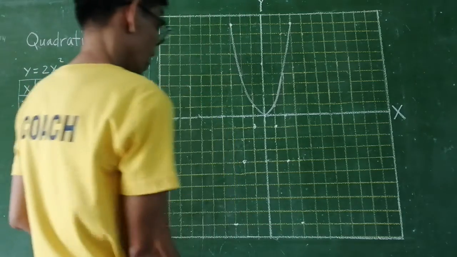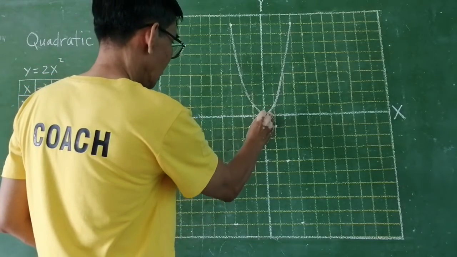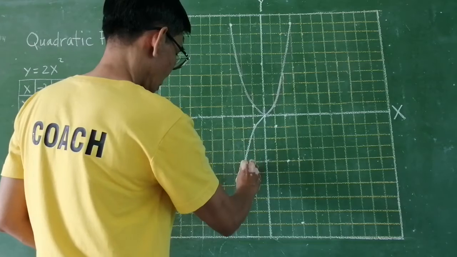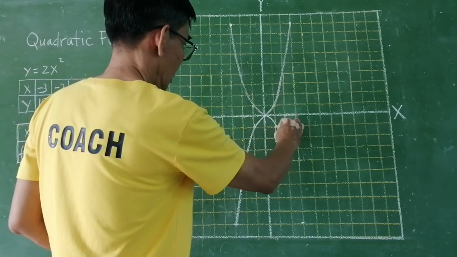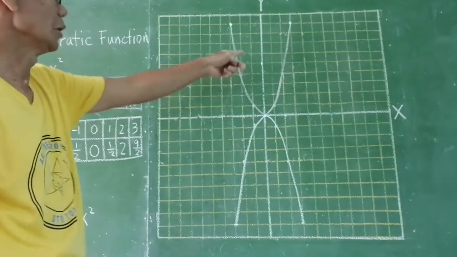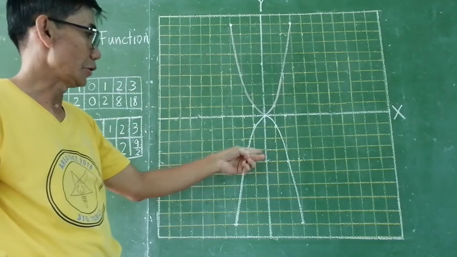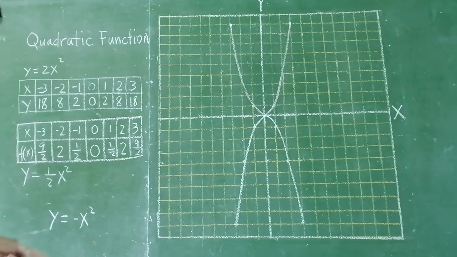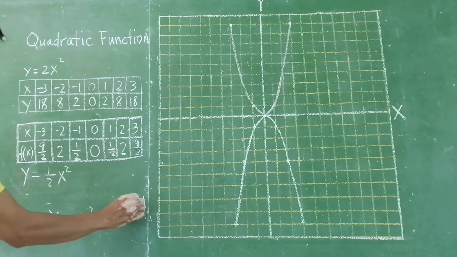So if we are going to draw the parabola, it will be like this. So it is a reflection of this parabola, which is opening upward, and this is opening downward, because your a here is negative 1.